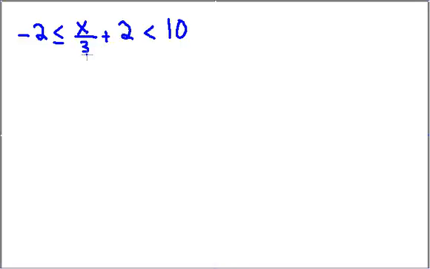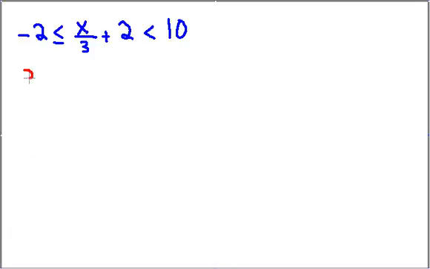So what do we need to do here to get rid of this 3 that's in the denominator? Well, we could change all of our other numbers here into fractions that had a 3 in the denominator, or we could simply multiply everything here by 3, because if we multiply x over 3 by 3, that'll cancel out the 3's and just leave us with an x. So what we're going to do here is multiply everything in here by 3.